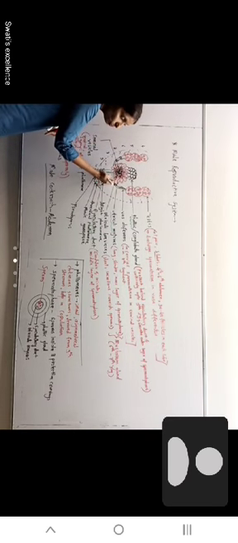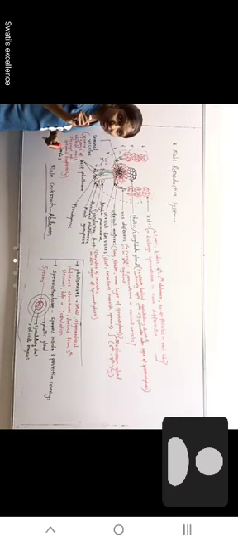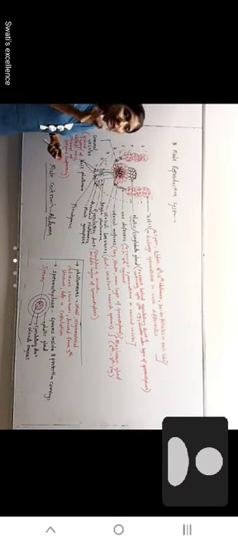So vas deferens opens posteriorly into seminal vesicle, and the seminal vesicle then opens into ejaculatory duct. Understood? So we can say vasa deferens or vasa differentia opens at the 7th abdominal segment. Starts with the 6th and 7th abdominal segment. Understood? This is what comes in NEET, which structure lies in which abdominal segment. Remembering the function is easy, but the location we mainly have to learn.